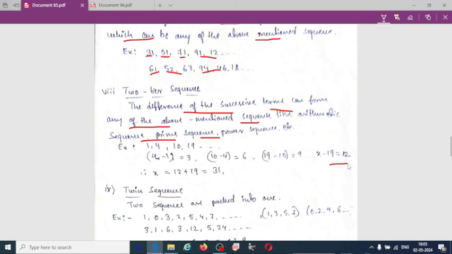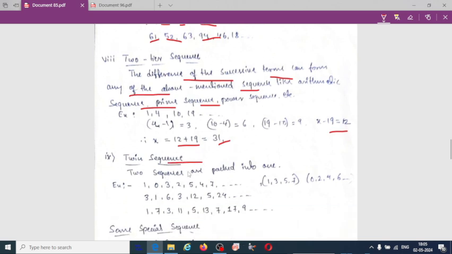So like that you have to subtract the numbers and you can get the required number. X minus 19 is equal to how much here? If 3, 6, 9, the next number will be 12. So X is equal to 12 plus 19, 31. So this is the example for a two-tier sequence.